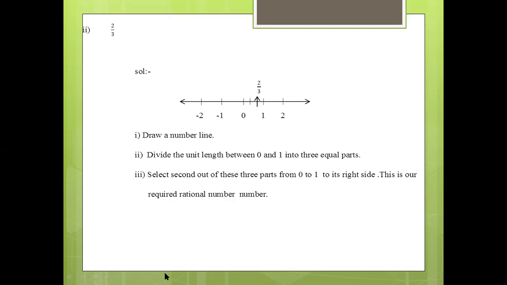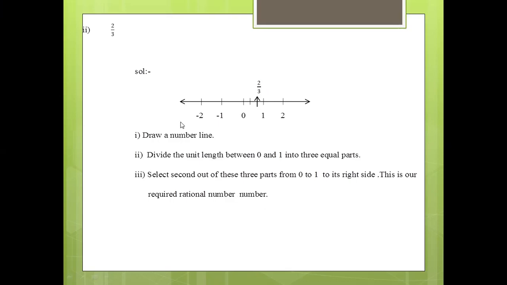And select the second one out of these 3 parts from 0 to 1 to its right side. Why second one? Numerator is 2. So that's why you select the second part from 0 to 1 to its right side because it is positive. So this is the way to represent a rational number on a number line.